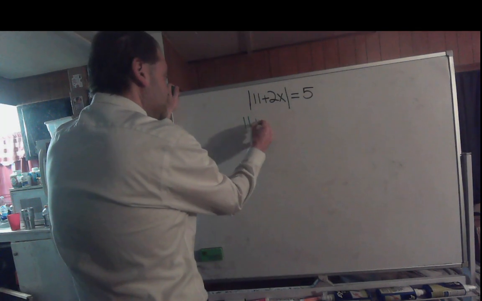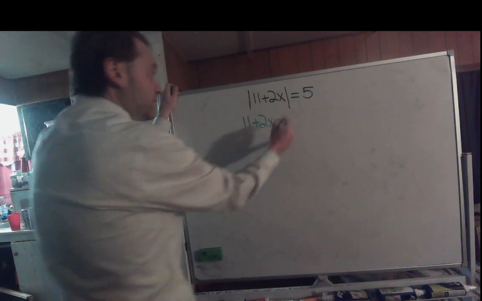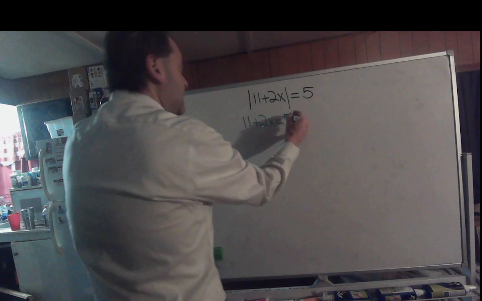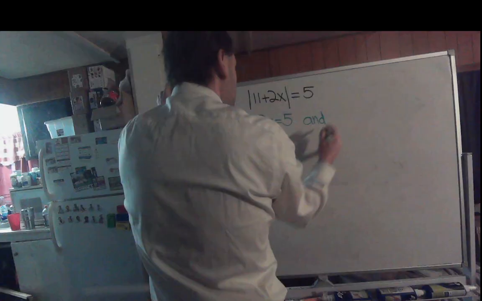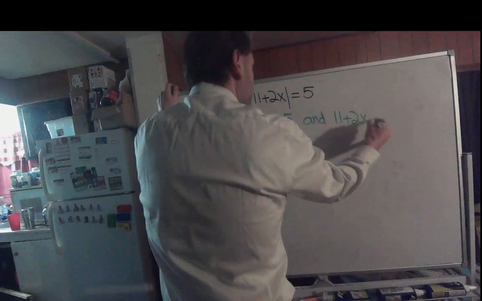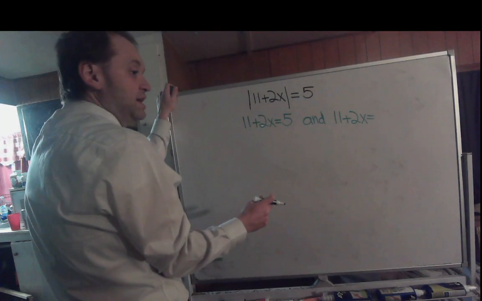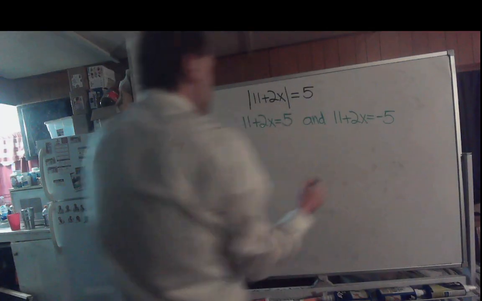In this case, it's 11 plus 2x. You'll set it equal to the original of 5, and you'll have another solution. You'll do 11 plus 2x. So again, take what's inside your function, set it equal to the negative of what's on the right hand side. So 11 plus 2x would equal negative 5.